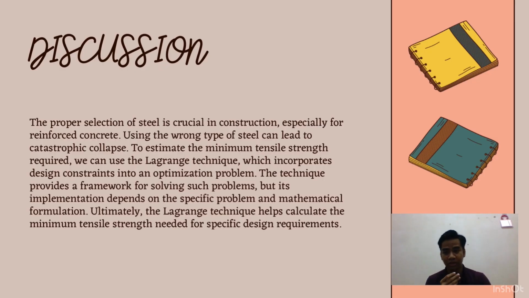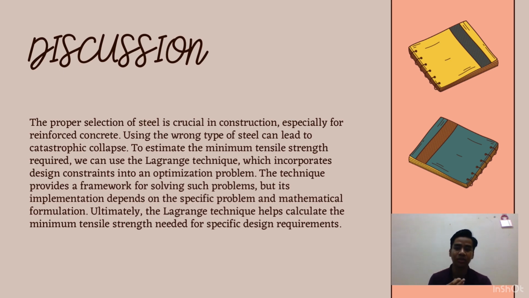For discussion, the proper selection of steel is crucial in construction, especially for reinforced concrete. Using the wrong type of steel can lead to catastrophic collapse. To estimate the minimum tensile strength required, we can use the Lagrange technique, which incorporates design constraints into an optimization problem.